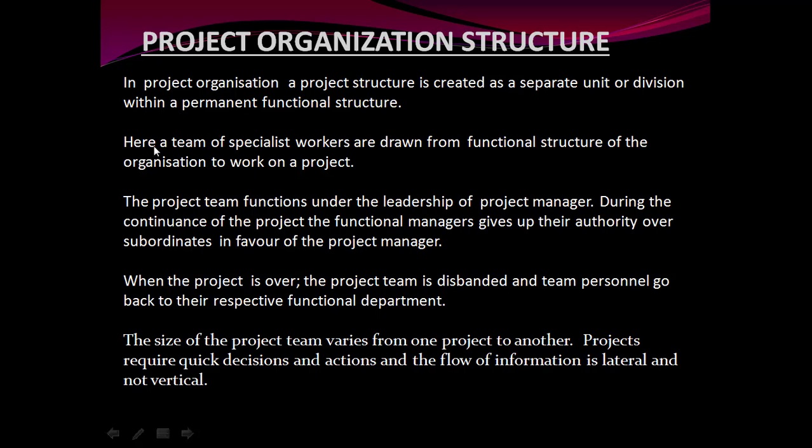In project organizational structure, a team of specialist workers is drawn from the functional structure of the organization to work on a project. This we saw in the diagram. Now, the project team functions under the leadership of the project manager, right? During the continuance of the project, the functional managers give up their authority over the subordinates in favor of the project manager.